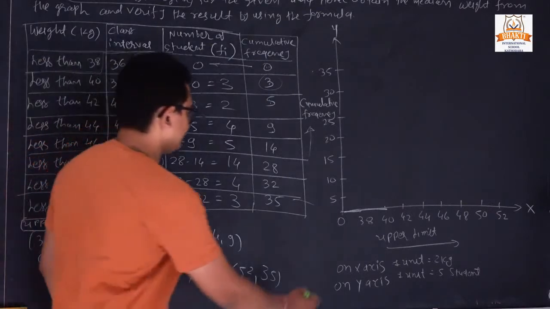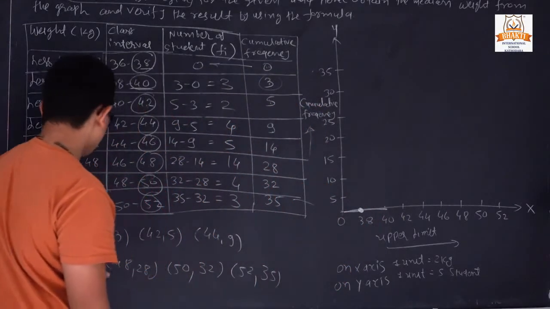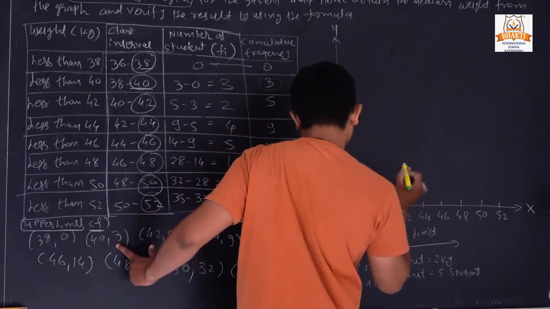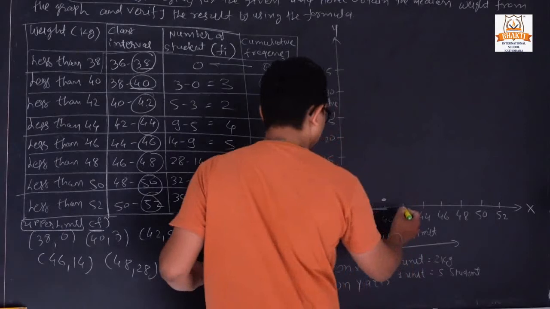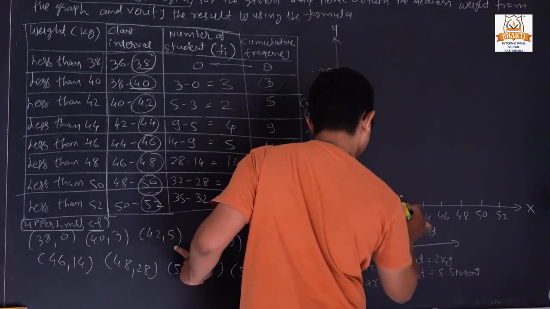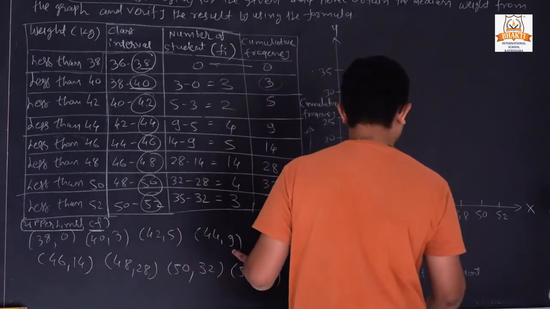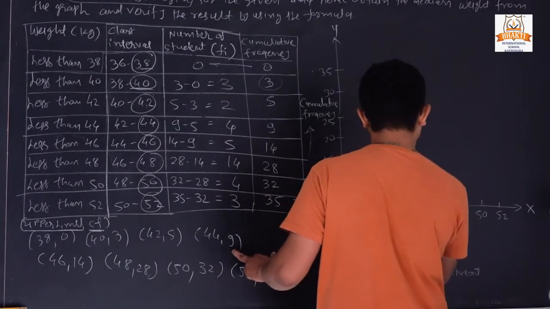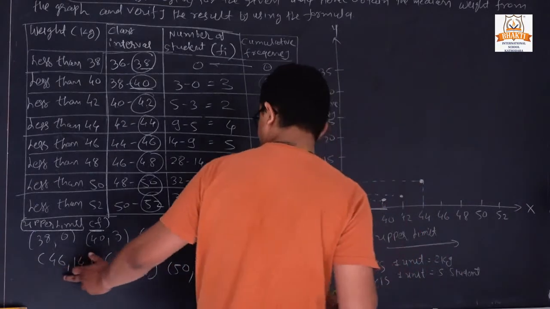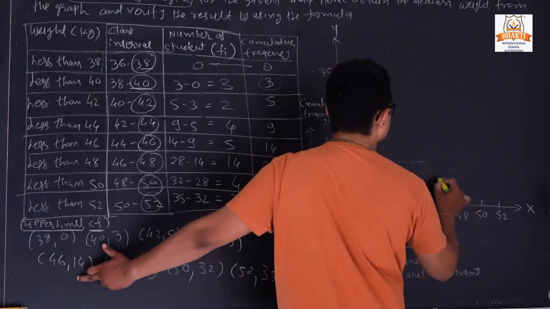Now next, first 38, 0. So upper limit is 38, 0. So it is here. Then 40, 3. Then 42, 5. Next 44, 9. Then 46, 14.